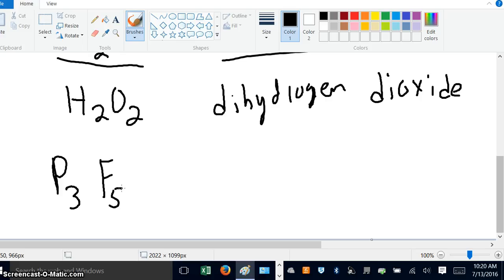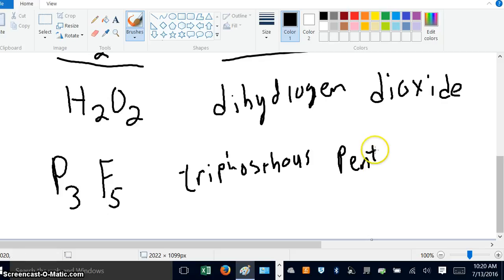There's three of these, so it's going to be triphosphorus, and since there's 5 fluorines, it would be pentafluoride.